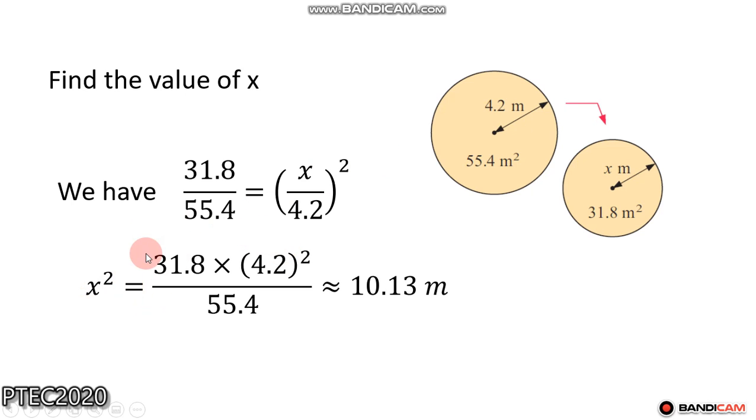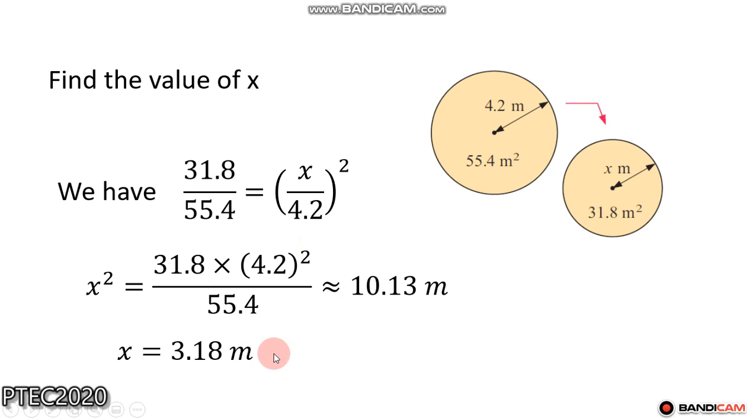Before we find h, we need to find h squared here. It's equal to 31.8 times 4.2 squared divided by 55.4, and it's approximately 10.13. But this is h squared, so in order to find h, we need to use the square root of 10.13, so we will get 3.18 meters.